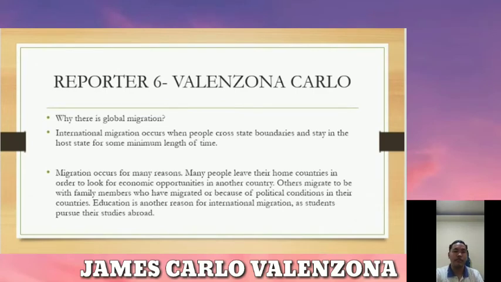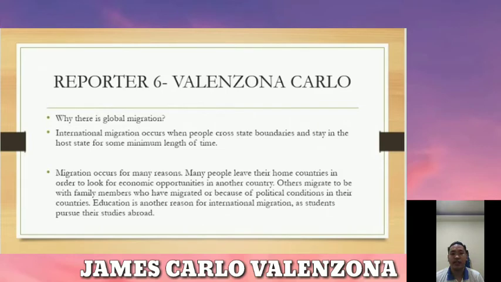Good afternoon, sir. My name is James Carlo Valenzona, and my topic is all about why there is global migration. First, international migration occurs when people cross state boundaries and stay in the host state for some minimum length of time. Migration occurs for many reasons.